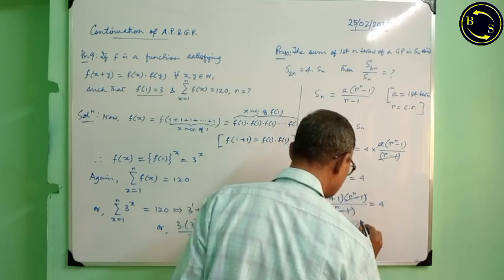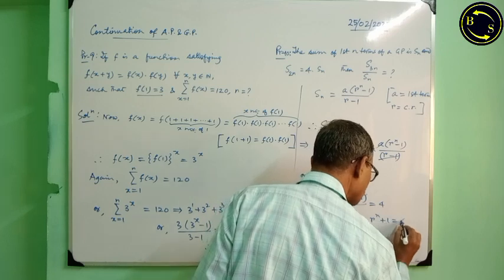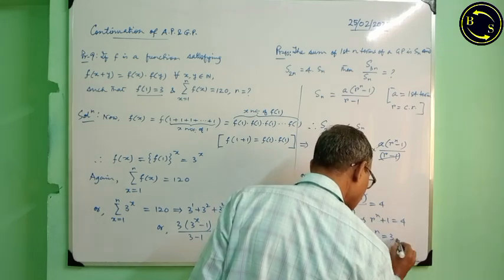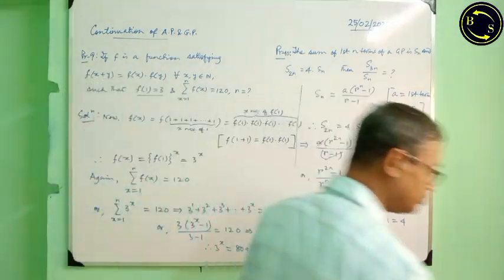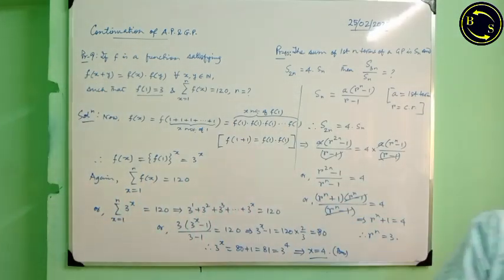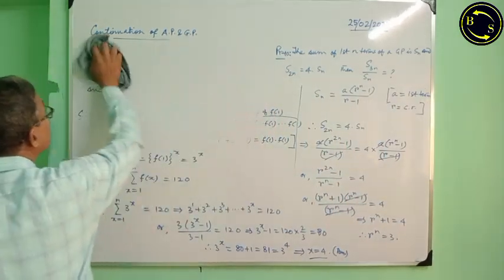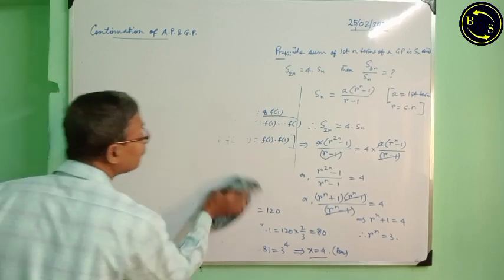These two are cancelled. r to the power n plus 1 equals 4. Therefore, r to the power n equals 3. Therefore, we get the value of r to the power n. Then we are going to find the value of the ratio.